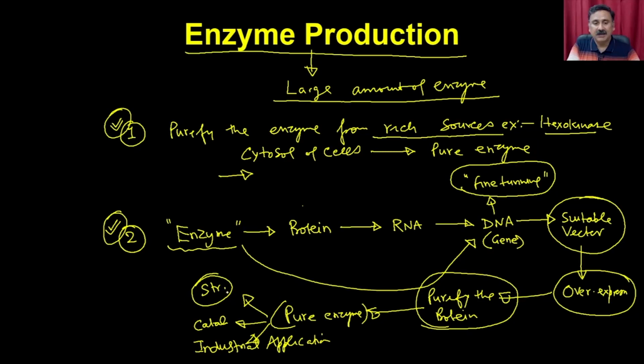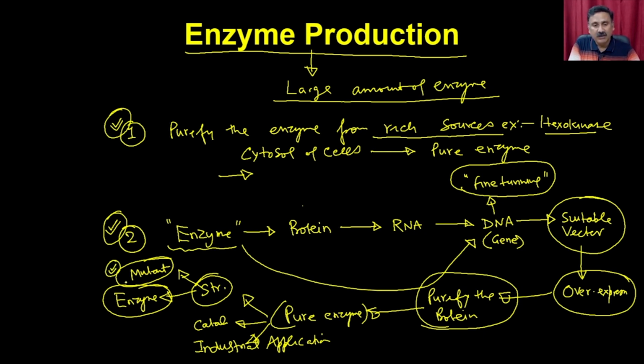In that case, I might require the enzyme alone, and I might also require the mutants of those enzymes, so that I can study how the enzyme is interacting with the substrate, and then I can also test the mutants.